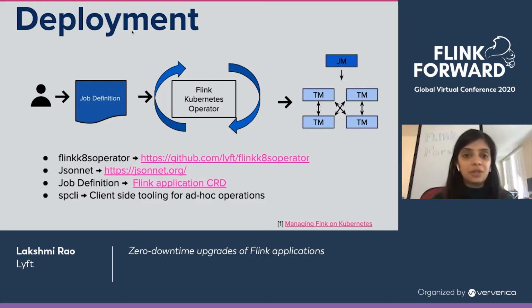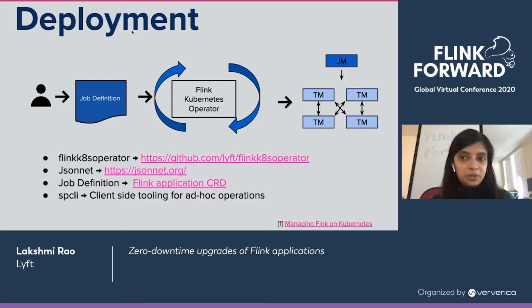And usually it's much easier to write it using some kind of templating tool than have them write hundreds of lines of Kubernetes YAML. This job definition specifies all characteristics that your job might need, like the application name, the jar, the entry point class, Flink configuration, the shape and size of your Flink cluster, etc.